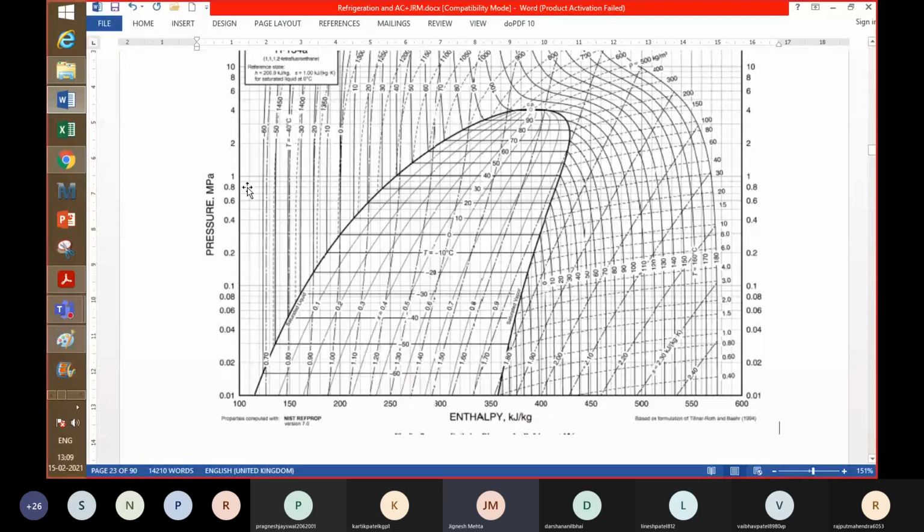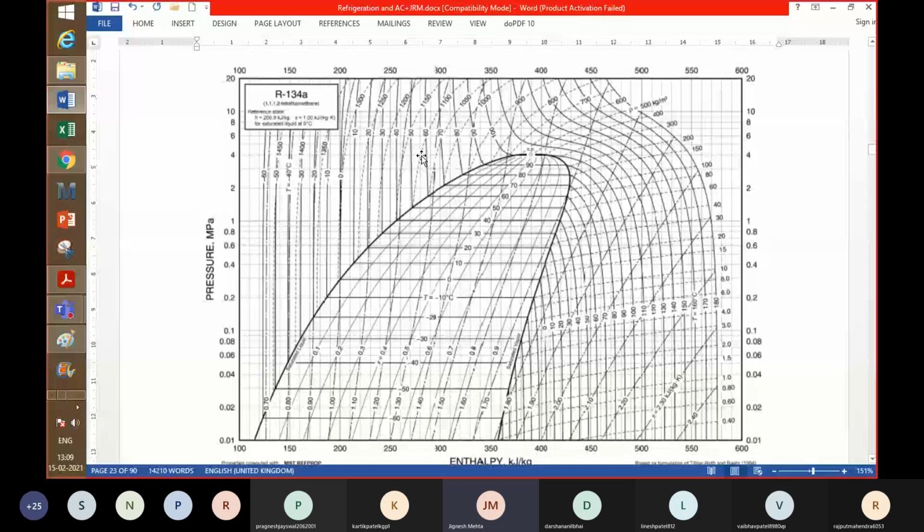So if I want to get something between 1 megapascal and 2 megapascal, it will be very difficult to judge where that line would be. So it's for quick calculations and for visualization of different processes, right? Visualization of the processes or the cycle is an important thing that talks about the usefulness of this chart. It's not exactly for getting precise calculations.